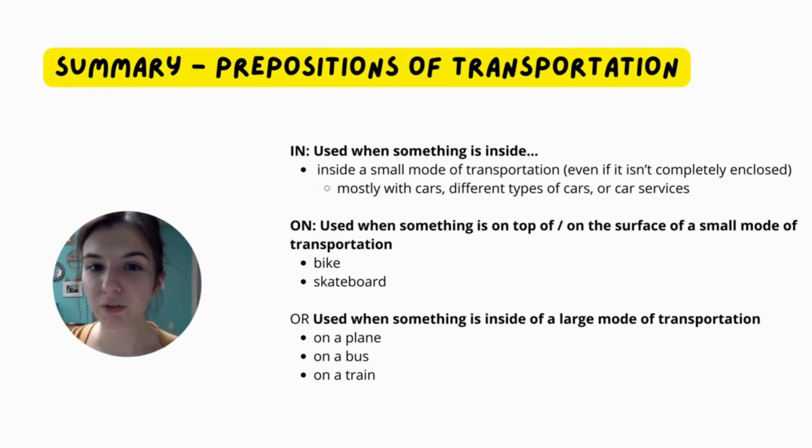If you have to choose between in or on, on is usually a better guess because it's used with more types of transportation. But in general, we use on for something that is on top of or on the surface of a small mode of transportation, such as a bike or a skateboard, or we use it when we're talking about something being inside of a large mode of transportation, such as a plane, a bus, or a train.